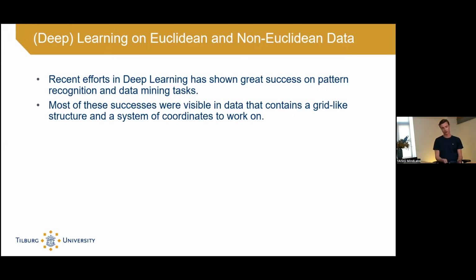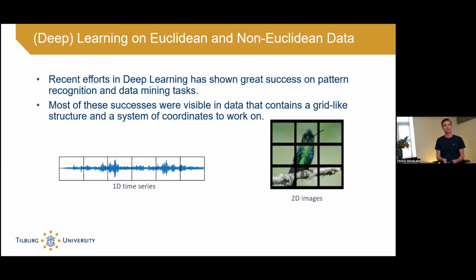As you're all familiar with, deep learning and all the efforts in deep learning have shown great success in mining patterns and several data-related tasks. Most of these successes are visible in data that contains a sort of perfect grid-like structure, and also a system of coordinates to work on. What does that mean?